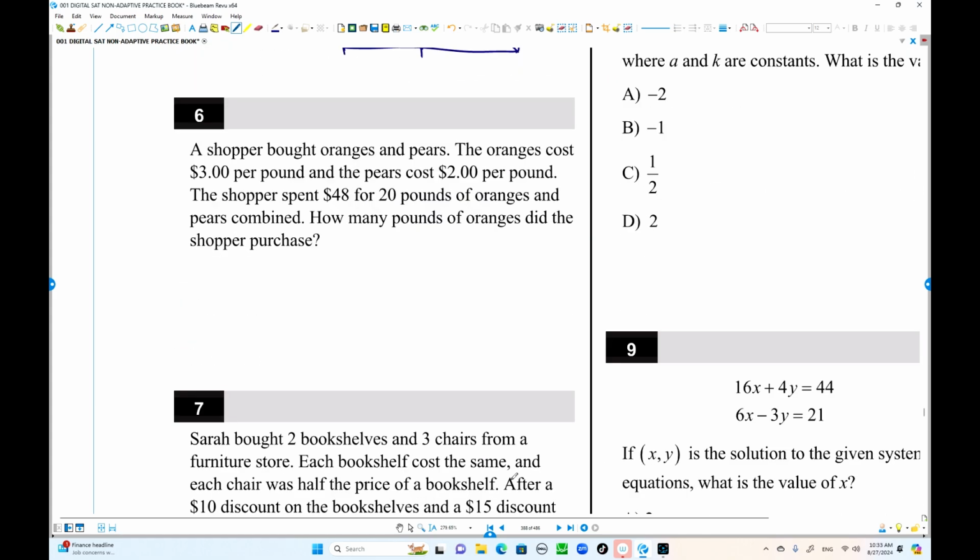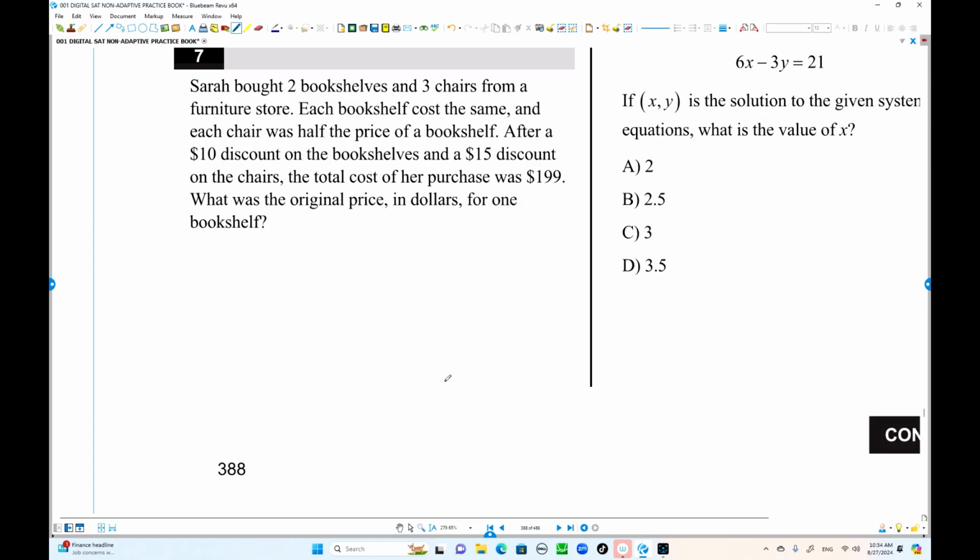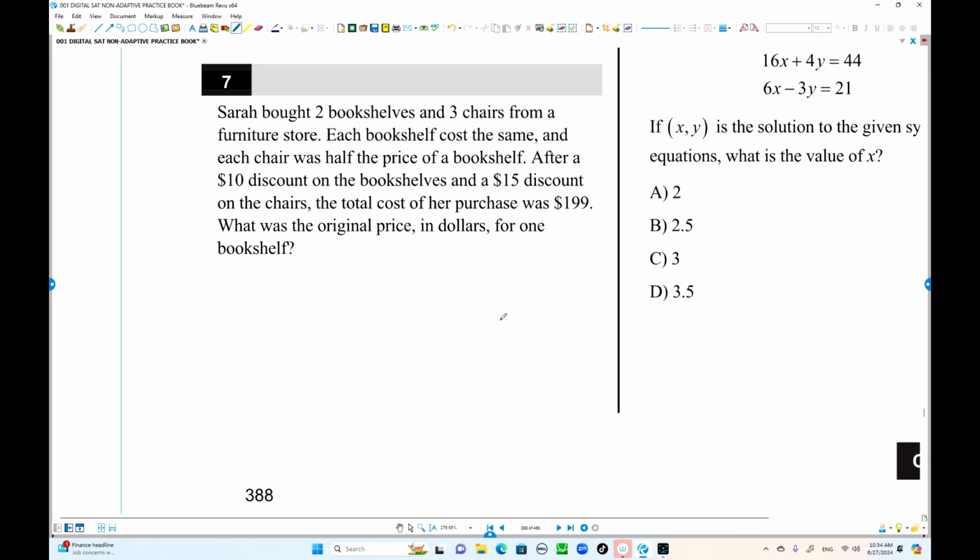We're going to number 7. So Sarah bought 2 bookshelves and 3 chairs from a furniture store. Okay, the price, bookshelves and chairs, they are all the same, right? So the next one over here, bookshelves, I'm going to use B, bookshelves, and the chairs.